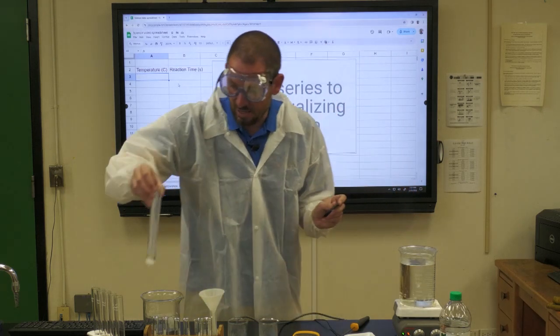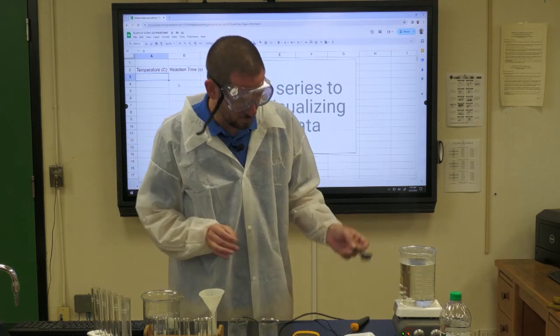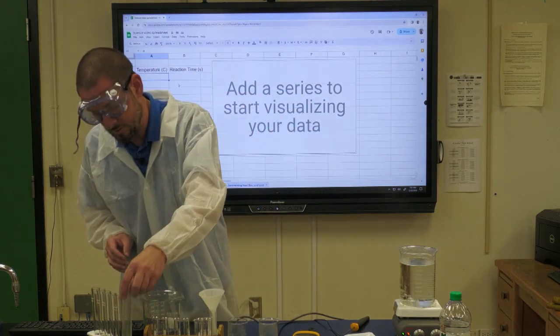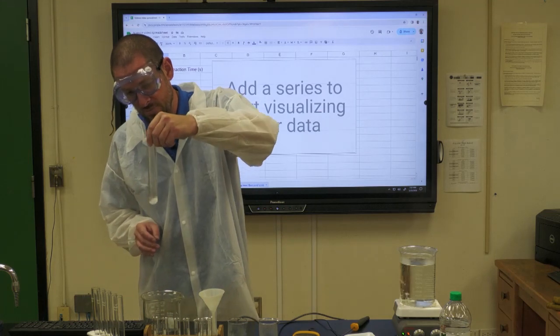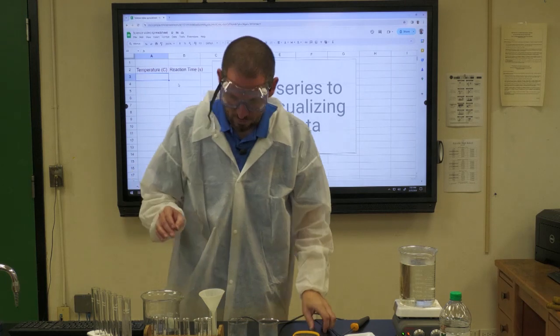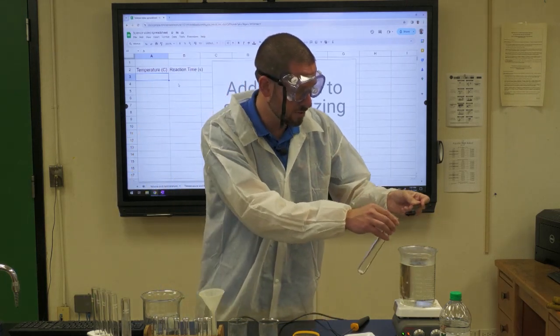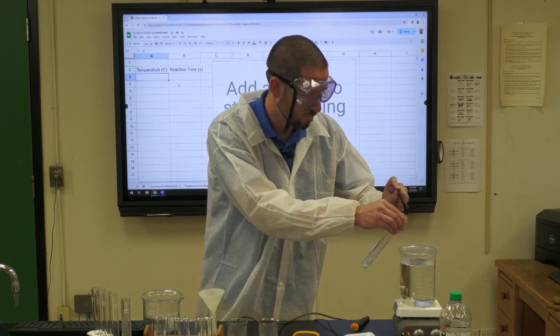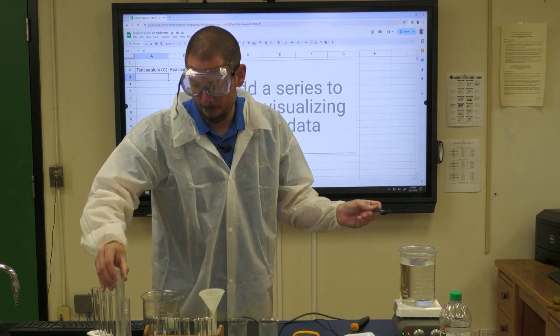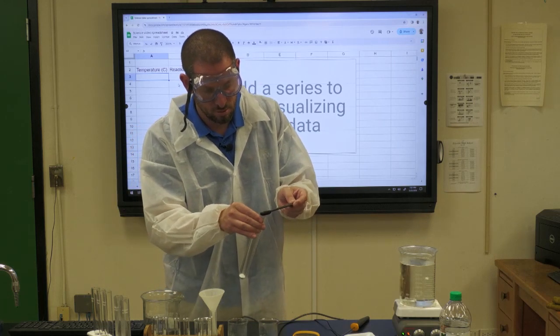I'll put a teaspoon of water in there and mix it up a little bit to let it dissolve. The first two are going to be the hot water, and then I'll go progressively colder.